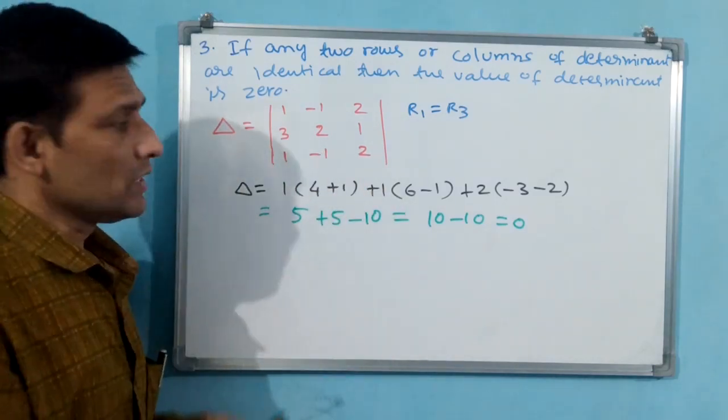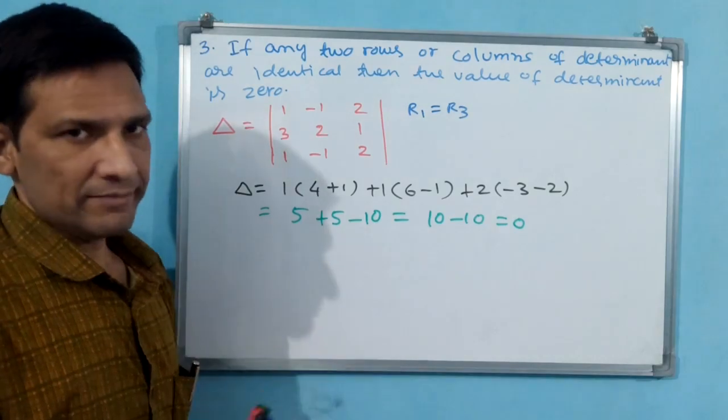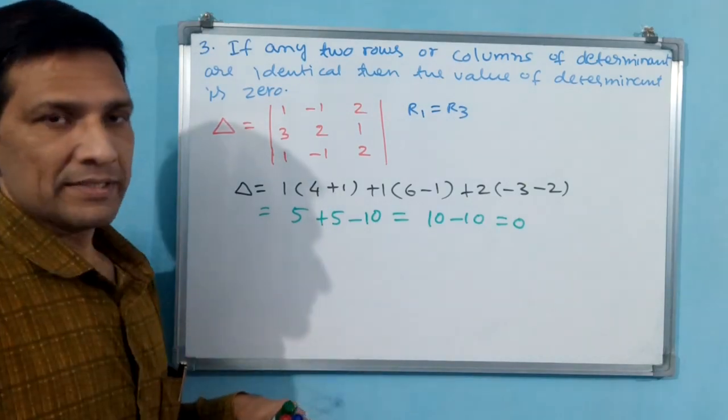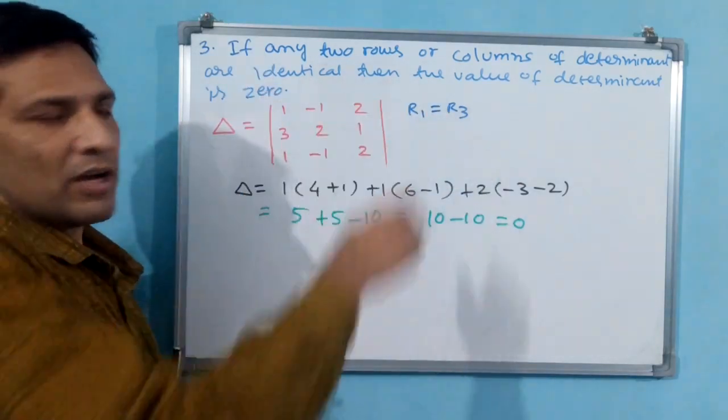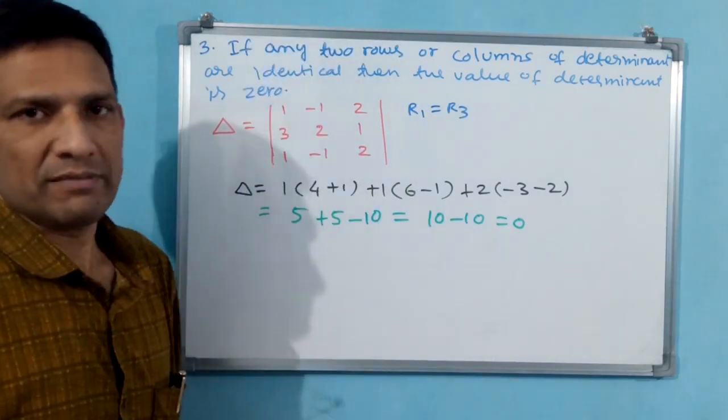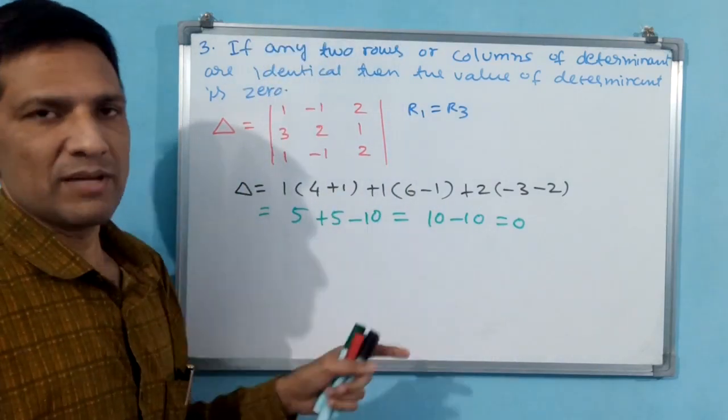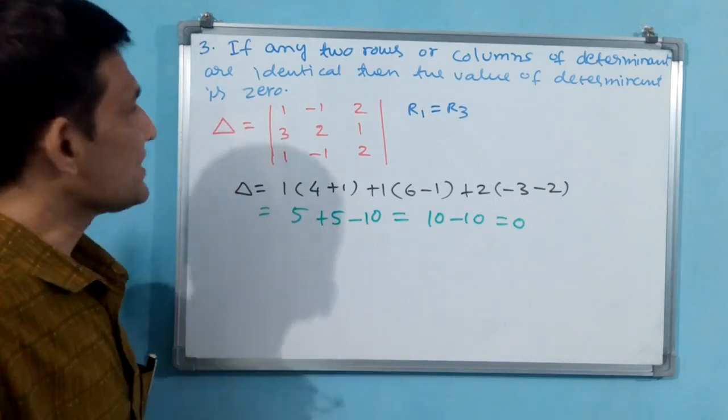Now what do we do? This is verification. Verified. What we do? We will prove it with columns. We take columns. C1, C2 I am going to take the same. If I take C1, C2 the same, then the value should become 0. Let us take that also.